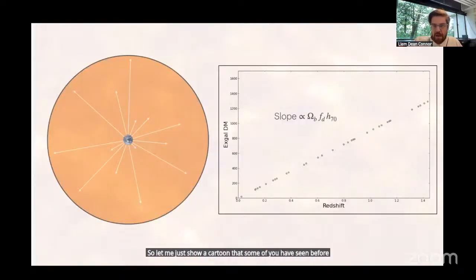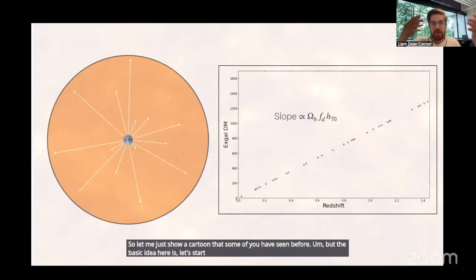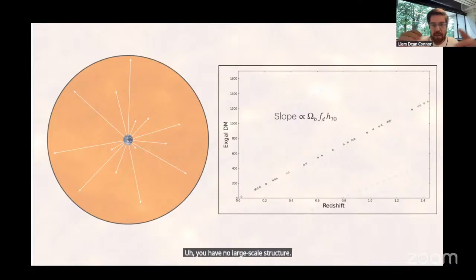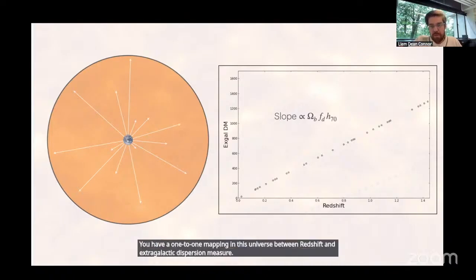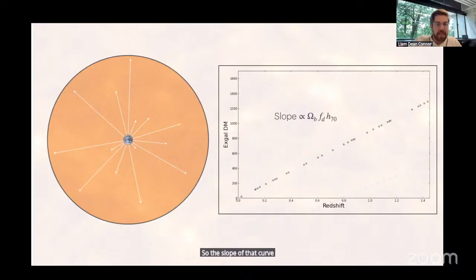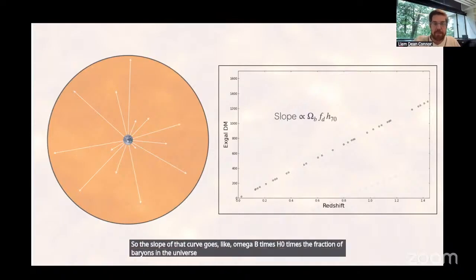But the basic idea here is, let's start with the trivial universe, where you have no large-scale structure, no filaments, no host galaxies. You have a one-to-one mapping in this universe between redshift and extragalactic dispersion measure. So the slope of that curve goes like omega_b times H_0 times the fraction of baryons in the universe that are ionized.